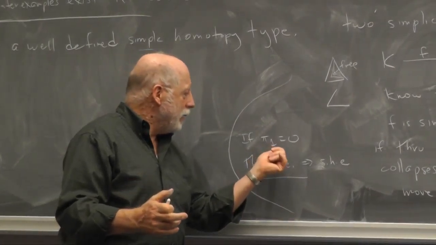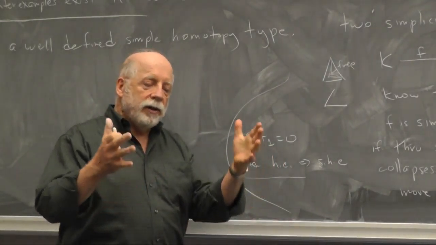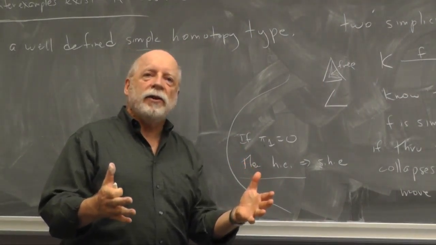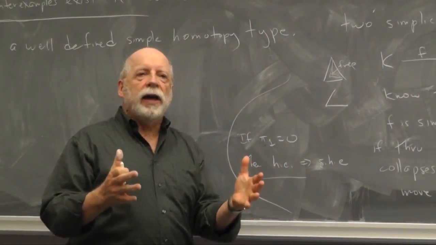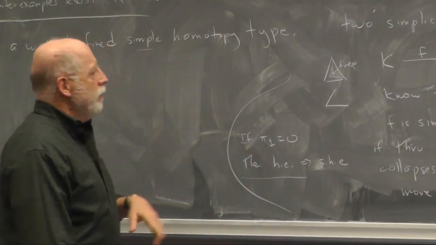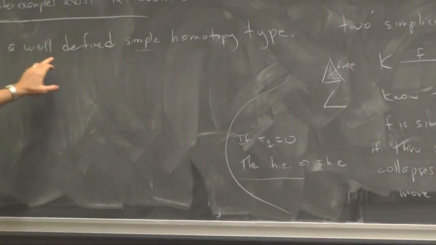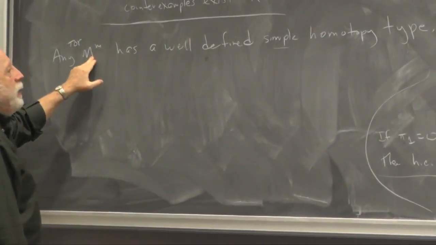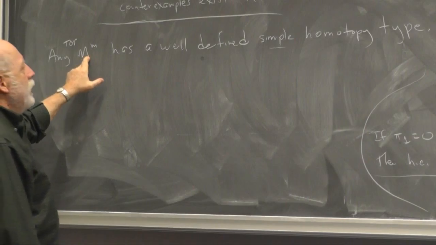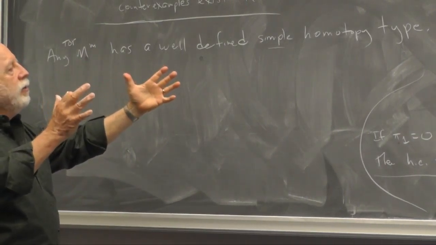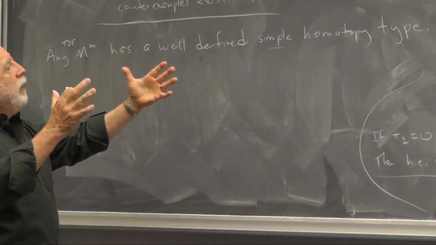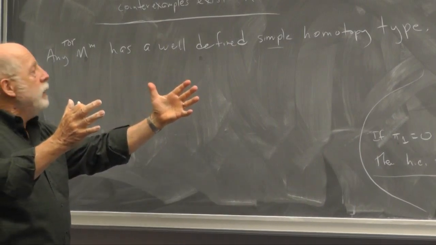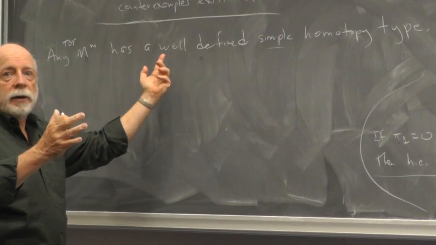The pi 1 might be non-zero, but the complexes were homeomorphic. So the topological invariance of Whitehead torsion was the issue. And that is true, and it sort of follows from this. When I say it's a well-defined simple homotopy type on M, that means that if M is homeomorphic to two different triangulations, two different simplicial complexes, then they're simple homotopy equivalent. So what's the well-defined in this part?